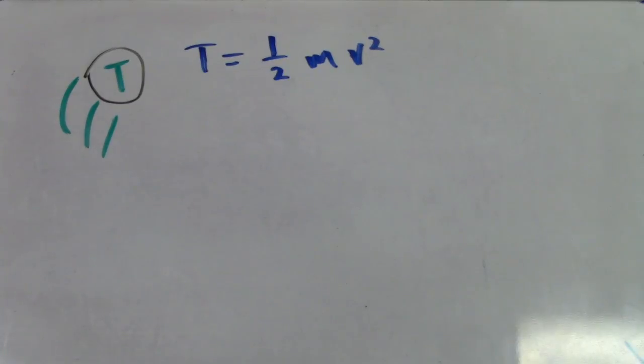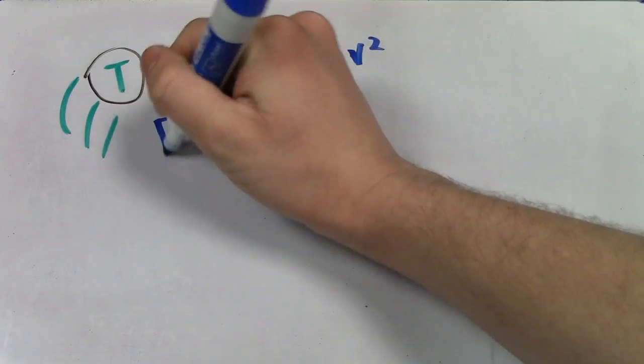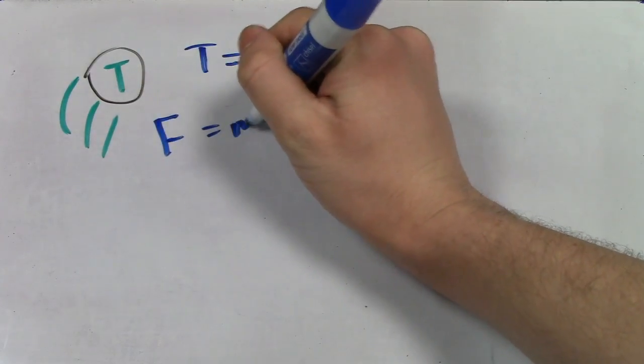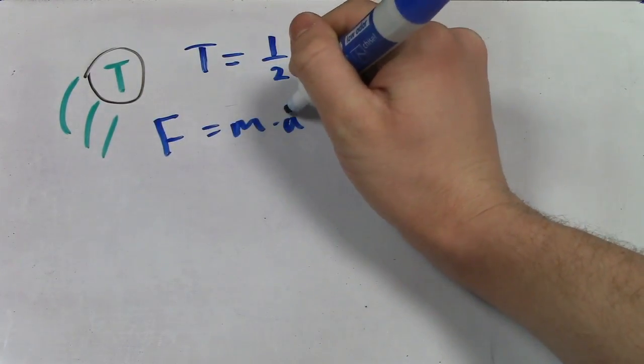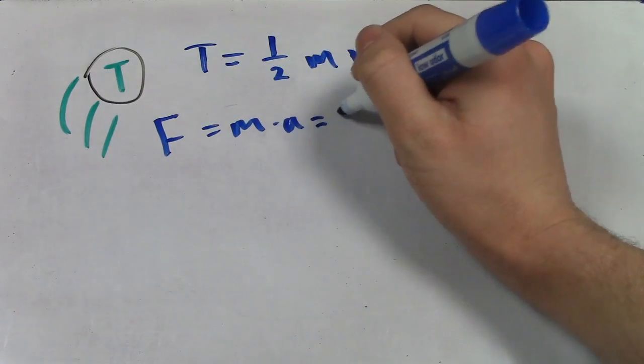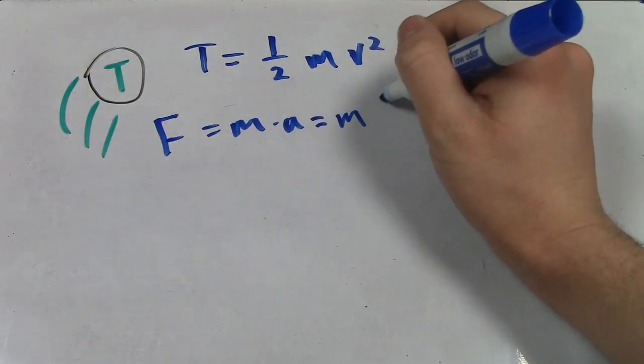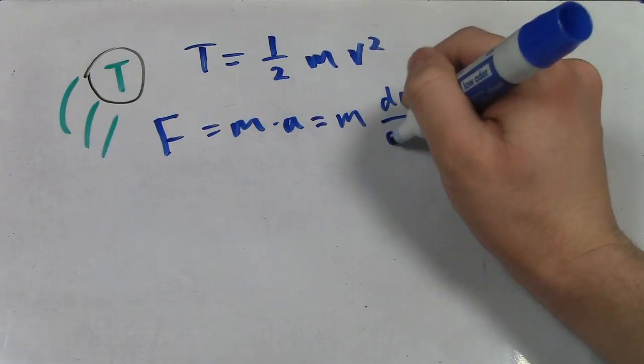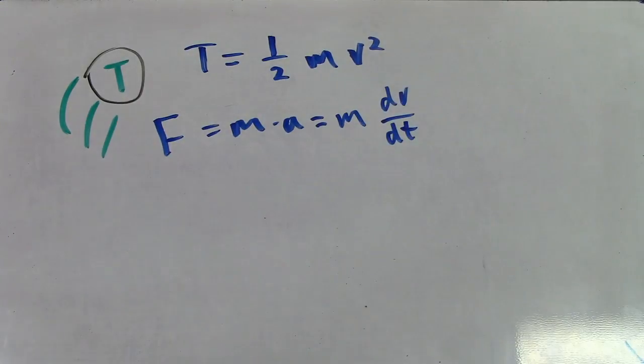We are first going to start with the differential form of Newton's second law, which states that the force, F, is equal to the mass times the acceleration. In this case, we write acceleration as the instantaneous change in velocity with respect to time, dv over dt.